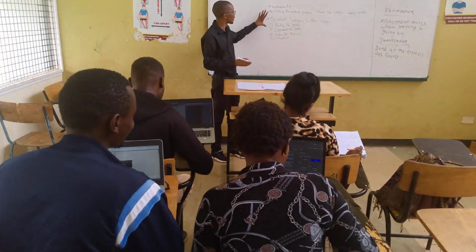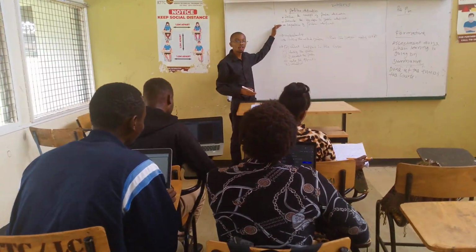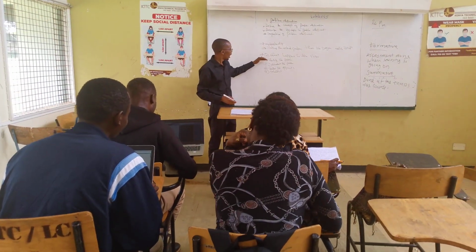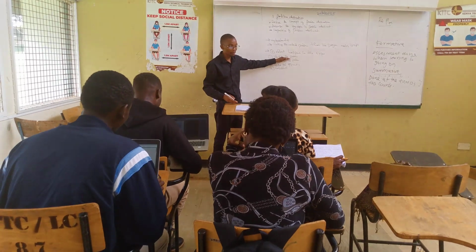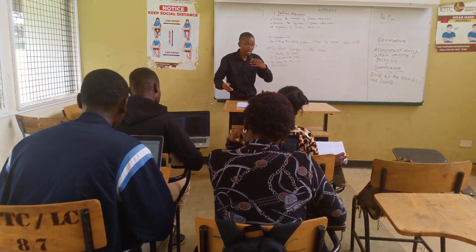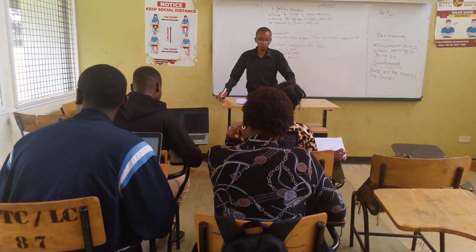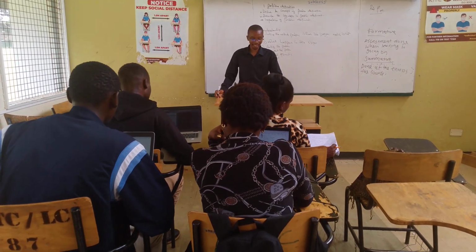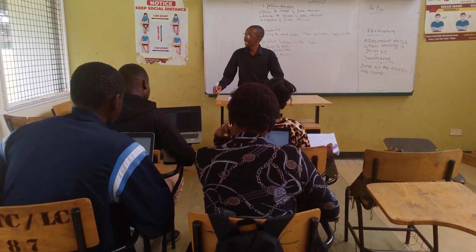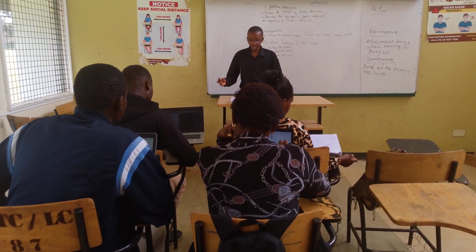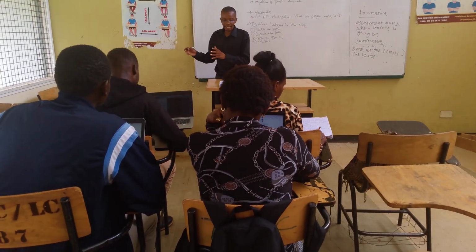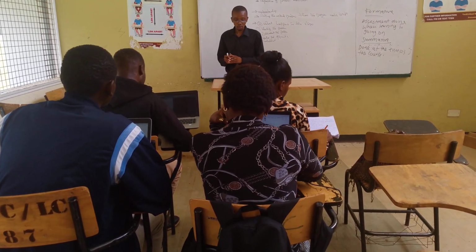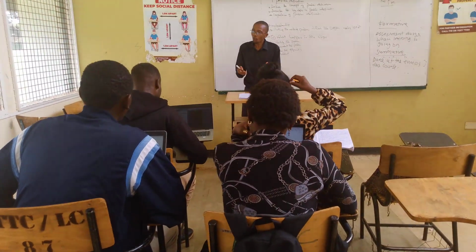The first thing that happens in this first stage is you identify the problem. For instance, if you have a school program that calculates the marks of learners and does grading, you have to identify the problem. What is the problem here?